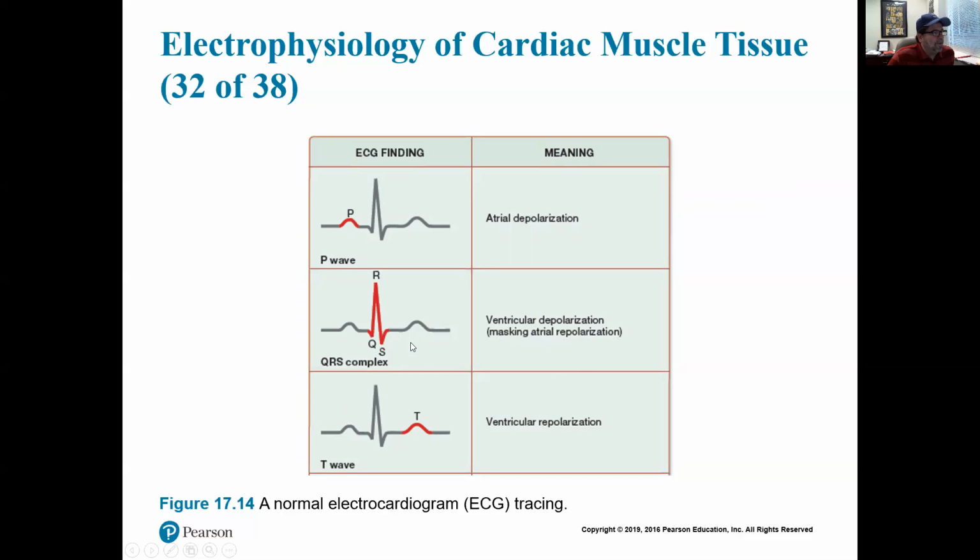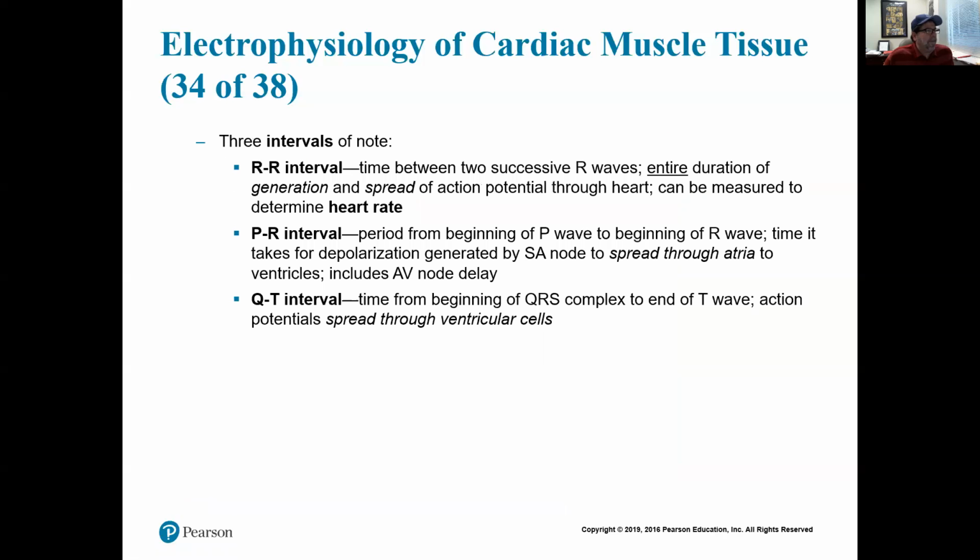Now there are all kinds of gaps and spaces that can be measured on this, but a cardiologist or doctor can look at this and tell if you have an atrial problem, a ventricle problem, or a repolarization problem of the atria or ventricles by having different abnormal EKGs.